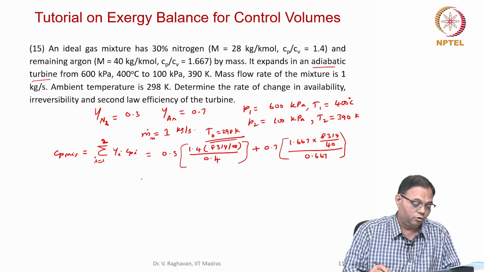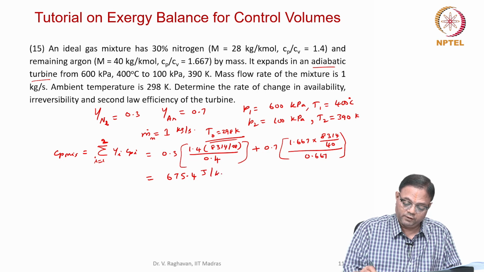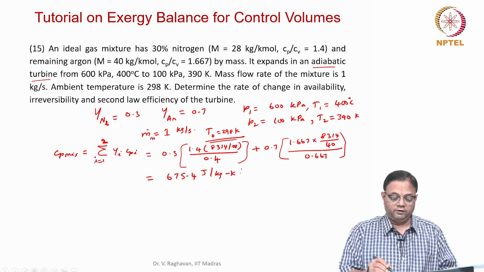So this will be equal to 675.4 joule per kg Kelvin, that is Cp mix.